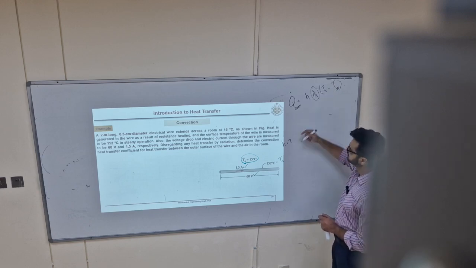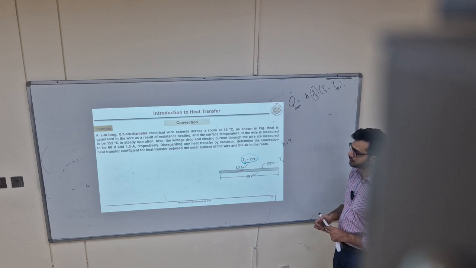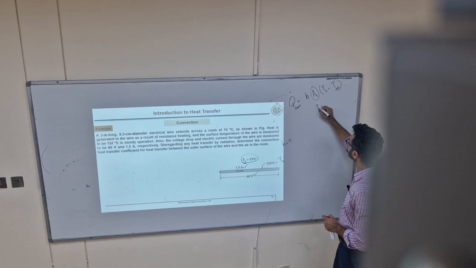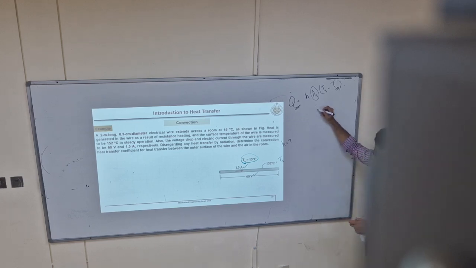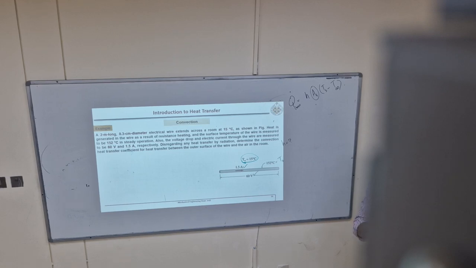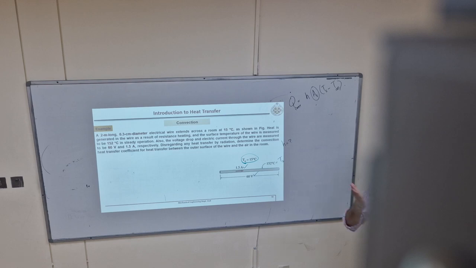Area is given. So it's a cylindrical wire. So the area is? Which area? The area through which heat is transferred. So this is the wire. This is the area from which heat is transferred from the solid to the air.